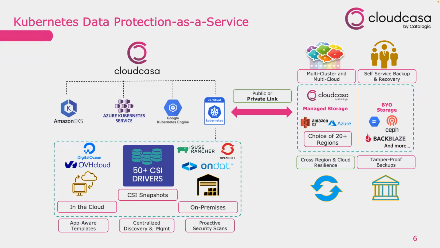It allows you to enable self-service for backup and for recovery. And they also have tamper-proof backups. That means you can enable something like object lock to avoid a ransomware attack. I'm excited about the offerings I tried last week. I'm very much impressed with the offerings from CloudCasa.